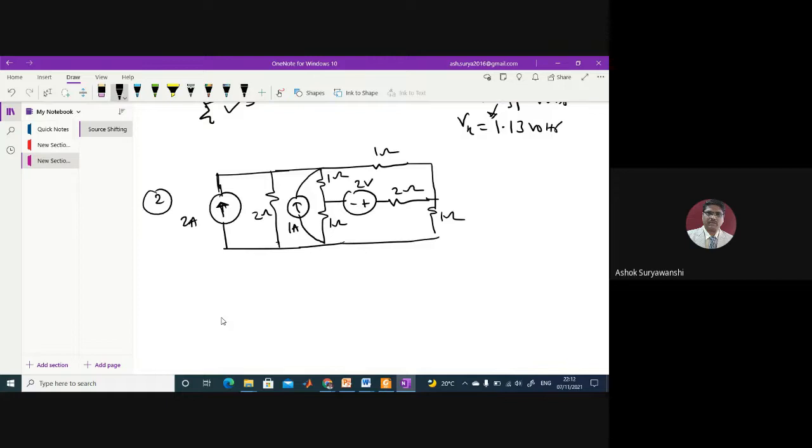This is connected to this 1 ohm resistor. And what you have to find out? You have to find out the value of current I.